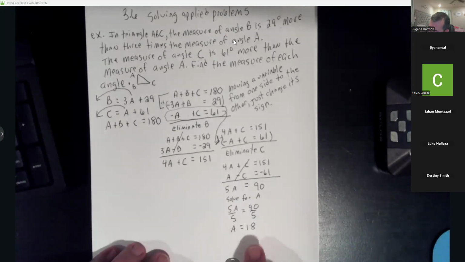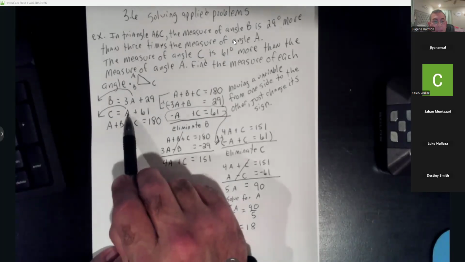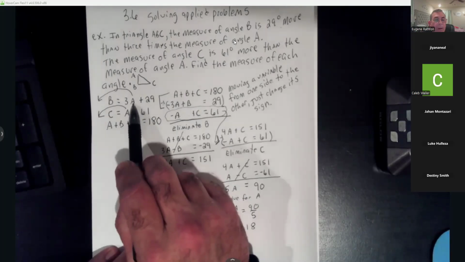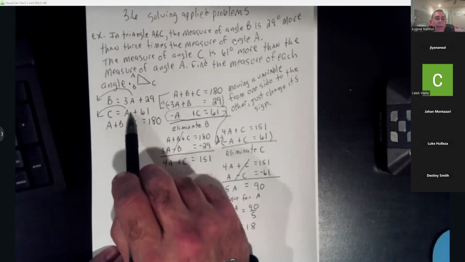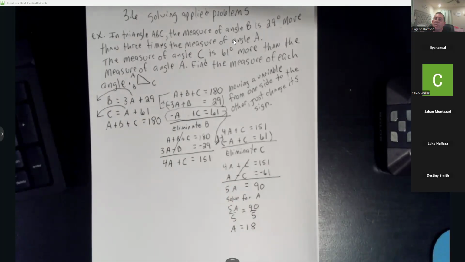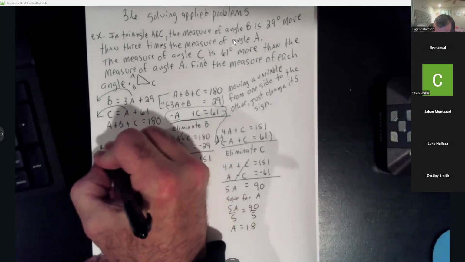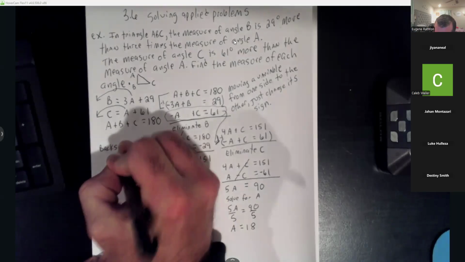Now, y'all, what's nice about this, I can put an A here and get C real quick. I can fill in for A here and get B real quick. So I don't have to do as much strenuous back substituting since I got missing variables on this one. So let me come up here and start back substituting.